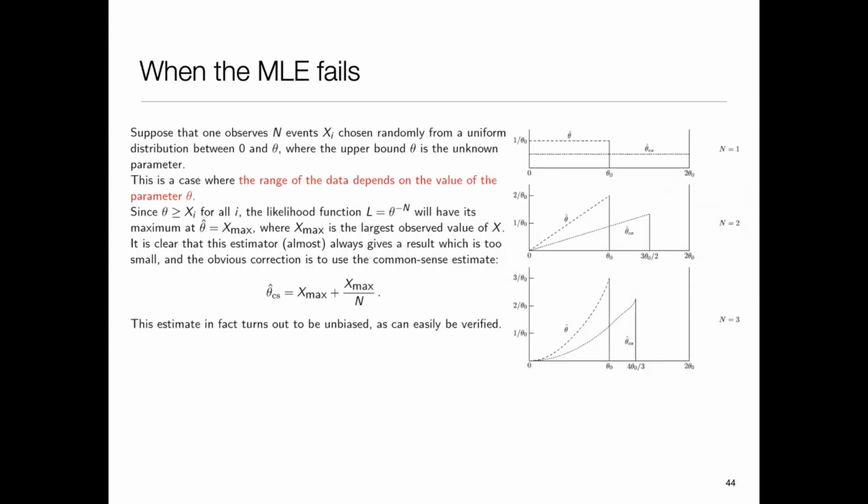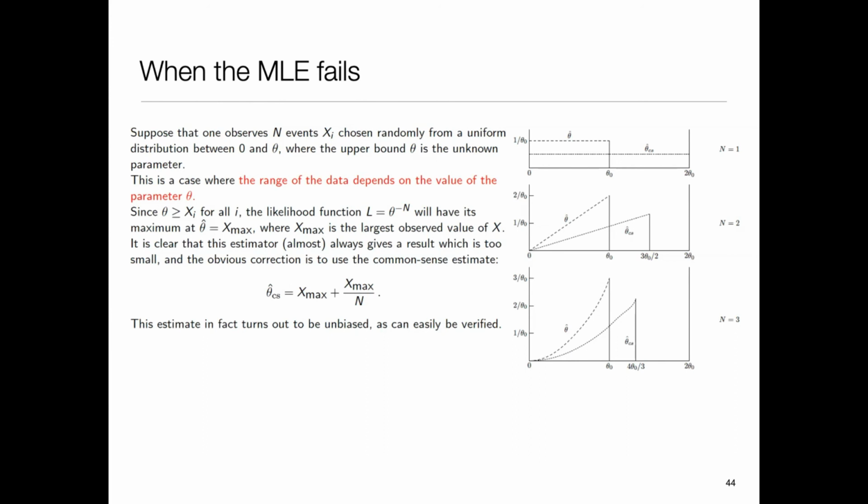And so far, I've been advocating for the usage of the maximum likelihood estimator, because this is your go-to solution in most of the problems you will encounter. But there are cases where the maximum likelihood estimator fails.